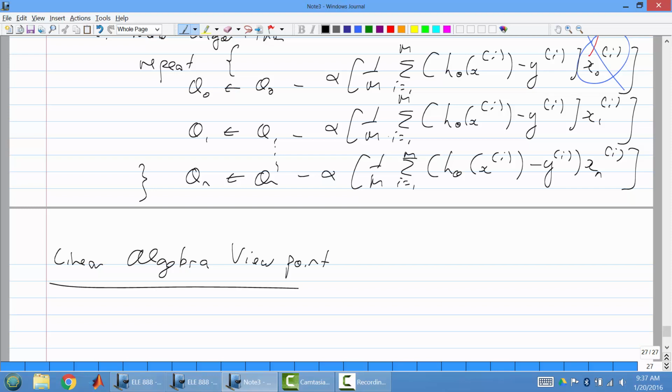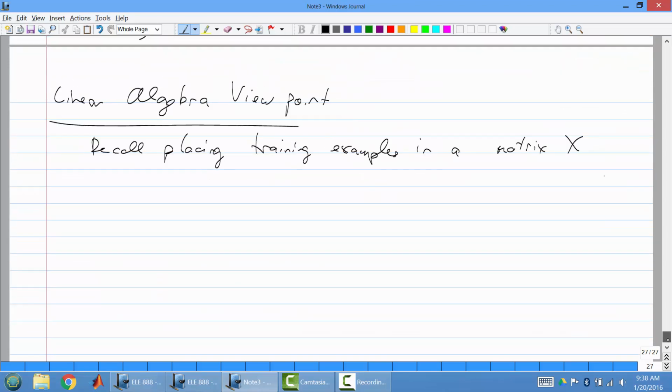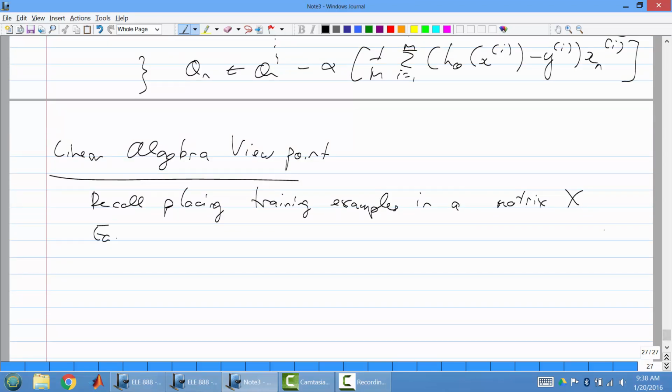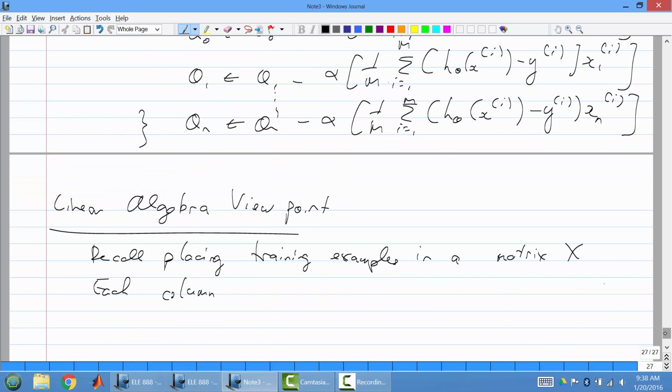Recall placing training examples in a matrix. We'll call this X. Each column is a feature, and each row is an example. Let me just scroll up so you guys can keep copying that here.